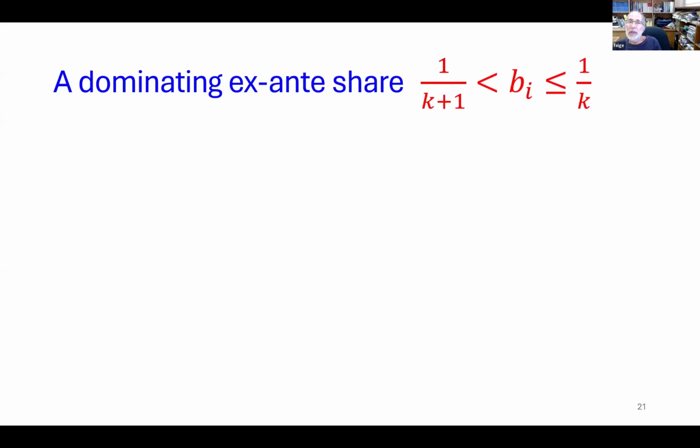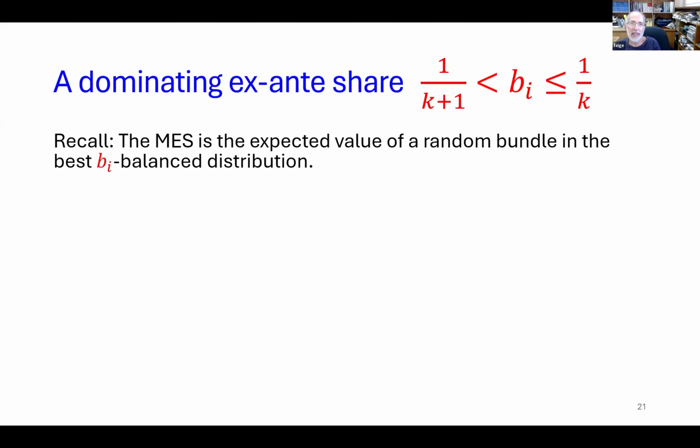And if we want a dominating ex ante share, so that you cannot possibly give anything better than this in a feasible ex ante share, then we do the same trick that we did with the MMS. So recall the maximum expectation share is the expected value of the random bundle in the best bi balanced distribution.